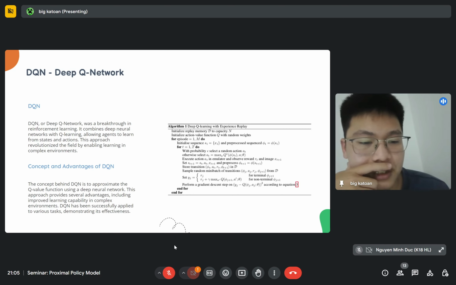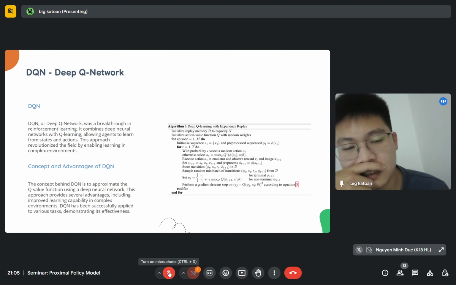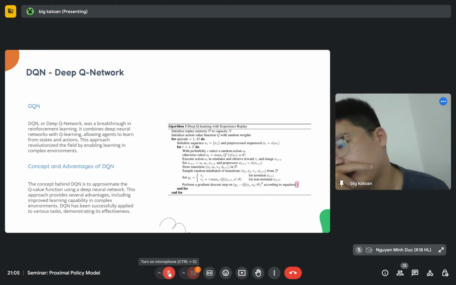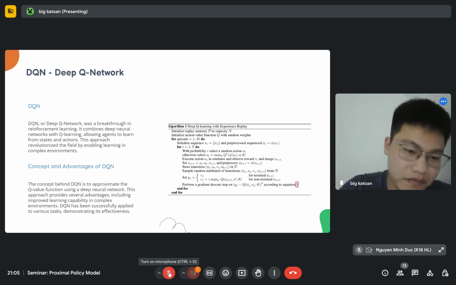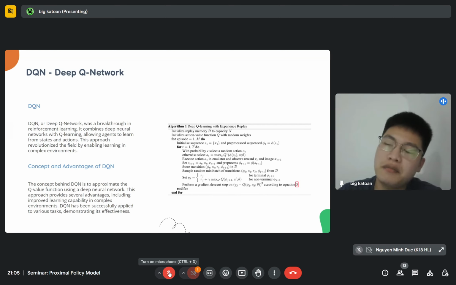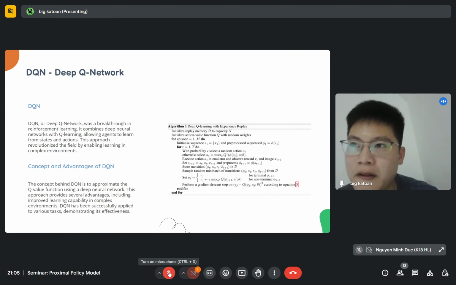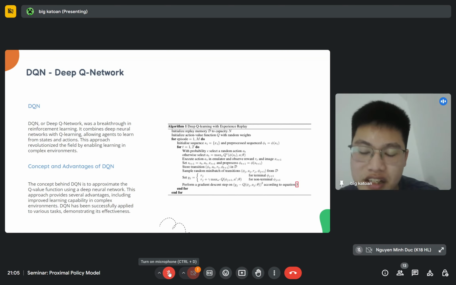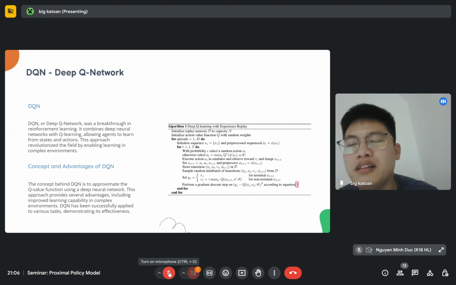Currently, DQN has been successfully applied to various tasks, demonstrating its effectiveness. With bucket spaces and discretization, it can handle continuous action spaces, but it cannot do so as well as methods like DDPG or TD3.